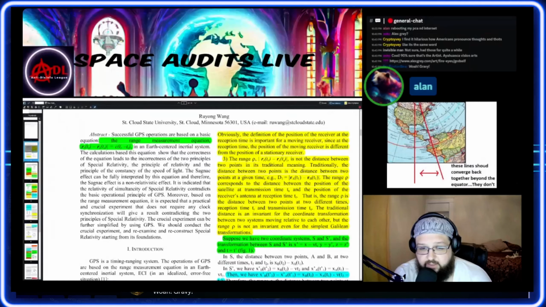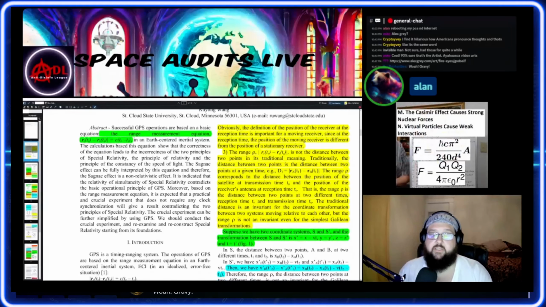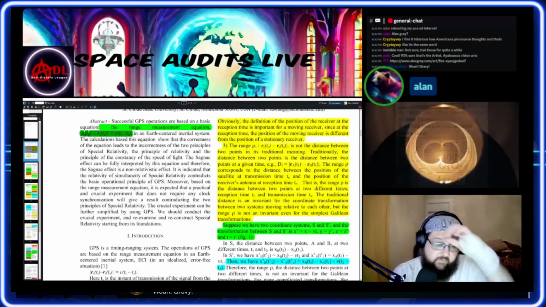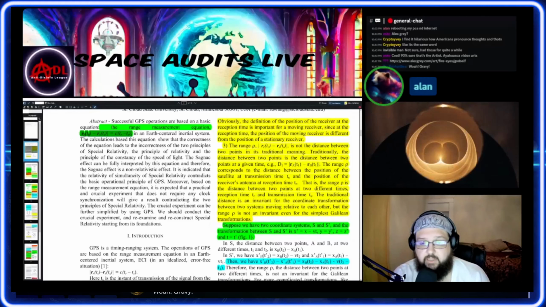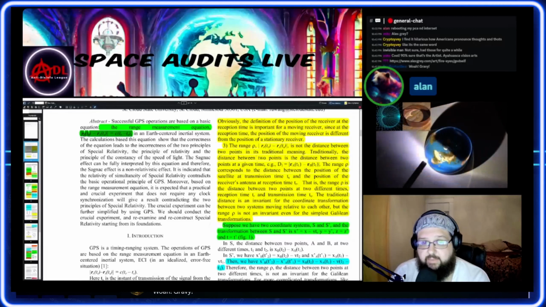The usual distance is invariant under coordinate transformation between two systems moving relative to each other, but the range P is not invariant even under the simplest transformations. So what they're saying here is that using this equation and assuming a stationary non-rotating Earth, you can derive the distance between the GPS and the person by the time it takes.